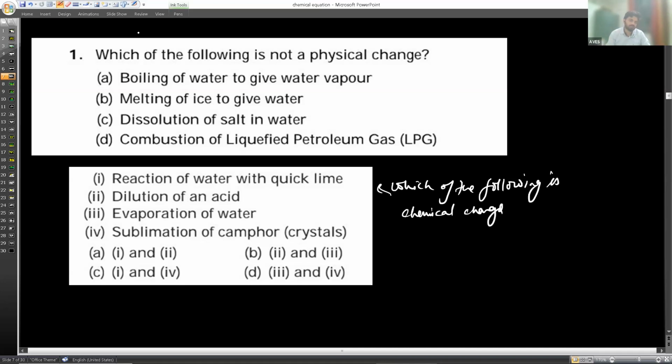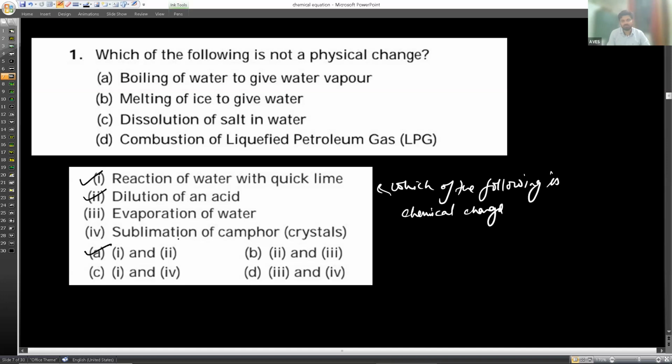Is it one and four? Evaporation of water and sublimation of camphor are not chemical changes, they are physical changes. Chemical change is the first one and the second one.